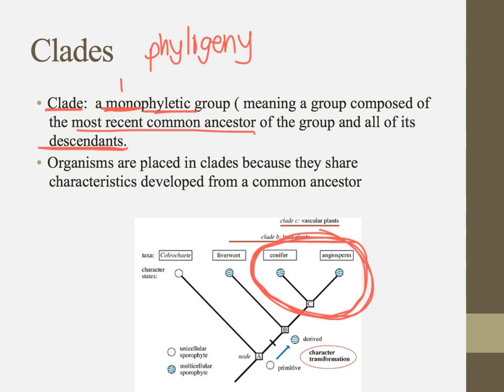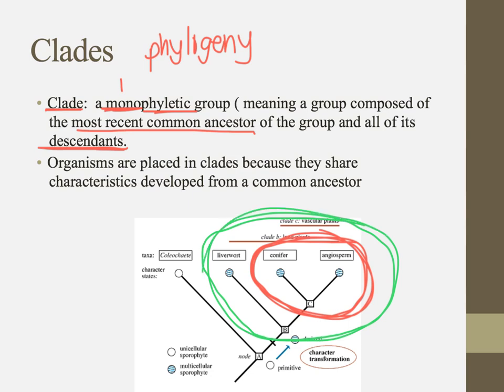However, using the same diagram, I could make a different clade. I could make a clade of all land plants. And if I wanted to make a land plant clade, that's going to include more organisms and a more ancient common ancestor, because that trait applies to more of these branches.